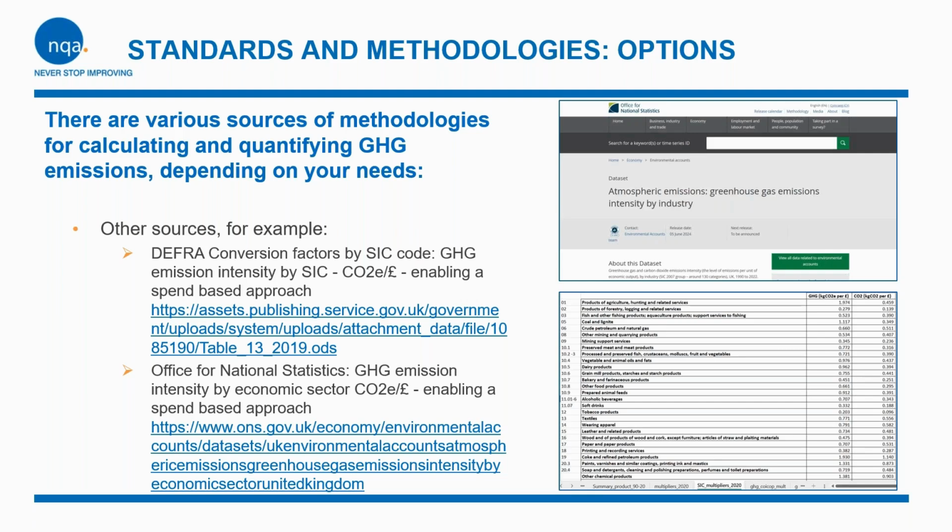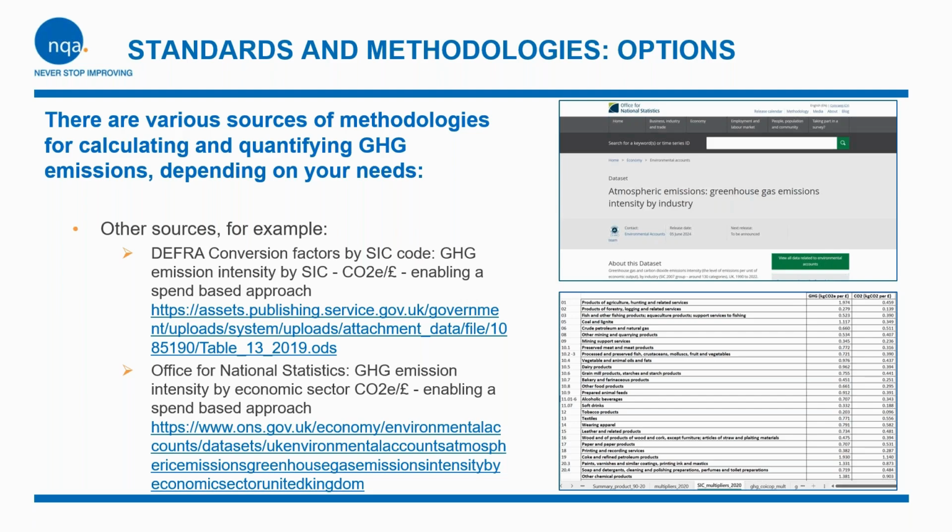DEFRA, the Department for Environment, Food and Rural Affairs, publish greenhouse gas emission intensity data by industry, by SIC, standard industrial classification codes, and they provide a carbon dioxide equivalent per pound figure, a conversion factor, for each industry in the UK.